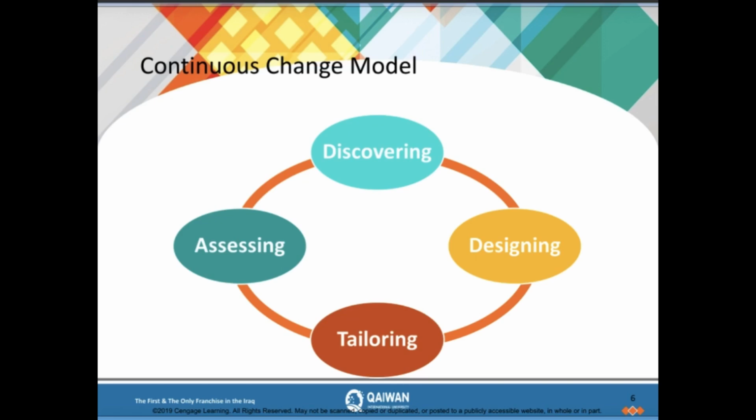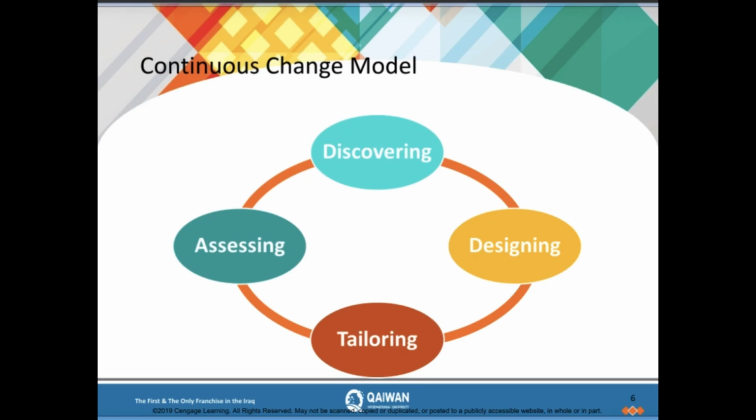And then we move to assessing. Here, the organization evaluates what it has discovered and tries to understand: is this important, is it worth changing, or what impact will it have? And after that comes designing.